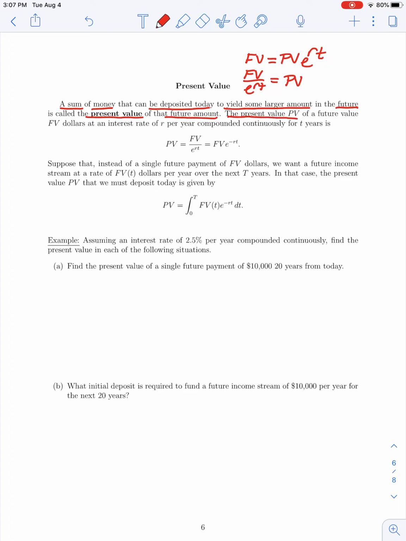So that is the present value, PV, of a future value, FV dollars, at an interest rate of R per year, compounded continuously for T years, is PV, which is FV over e to the RT, or equivalently FV times e to the negative RT.